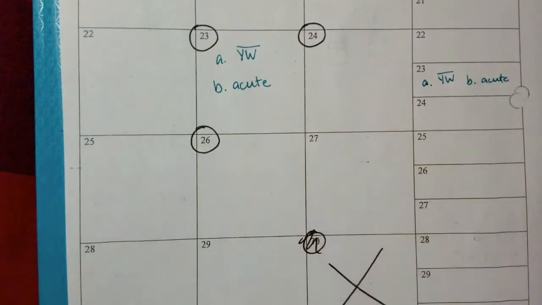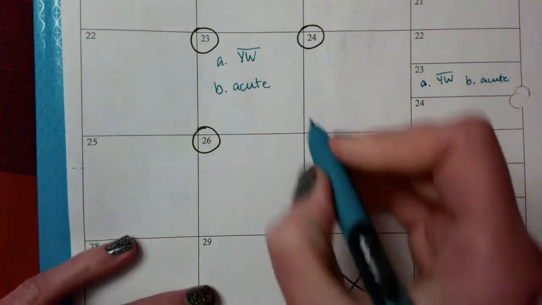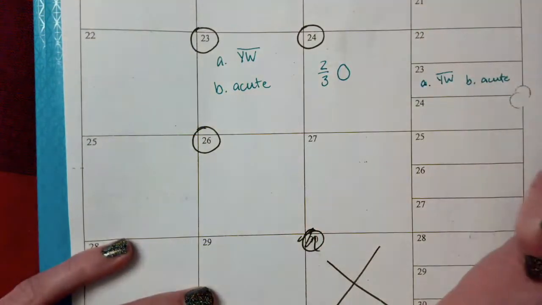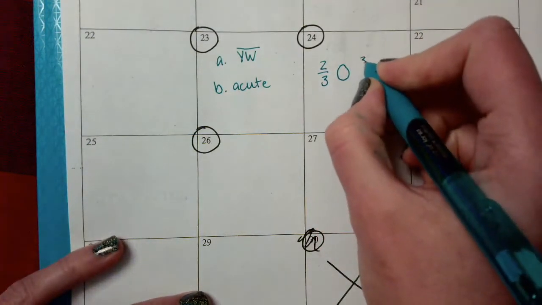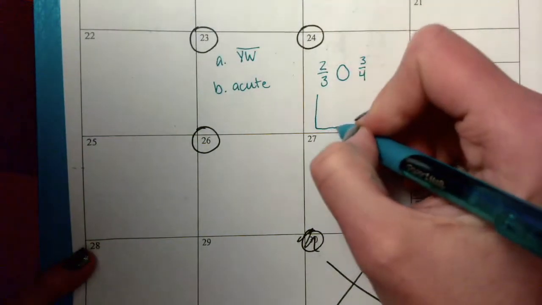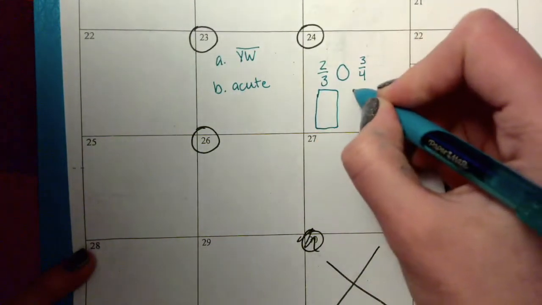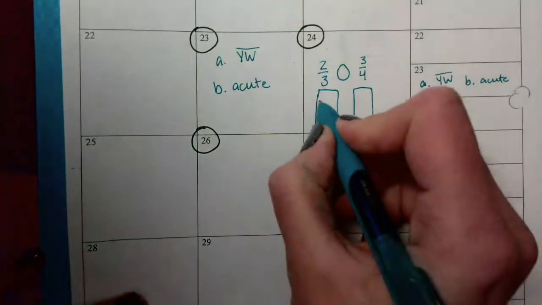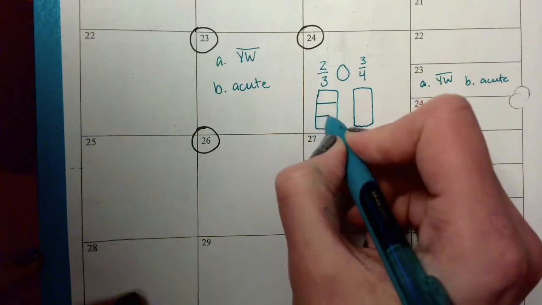24. Compare these fractions. Draw and shade two congruent rectangles to show the comparison. So 2/3 as compared to 3/4. So I'm going to draw my two congruent rectangles. I'm going to divide this one into thirds.